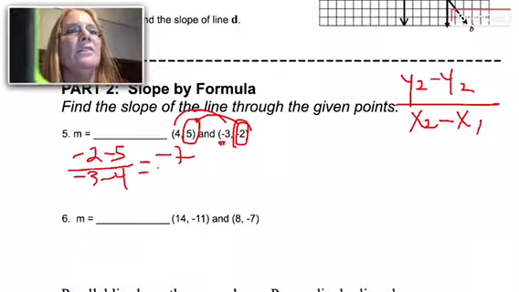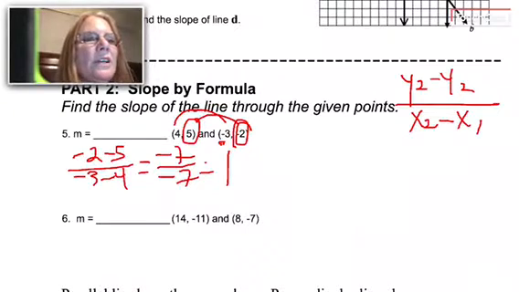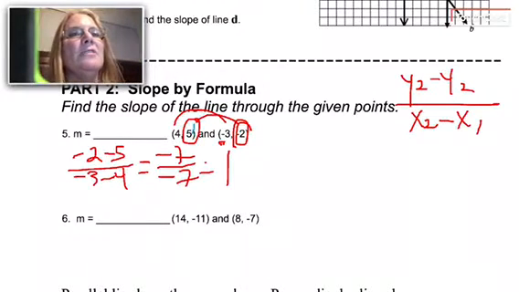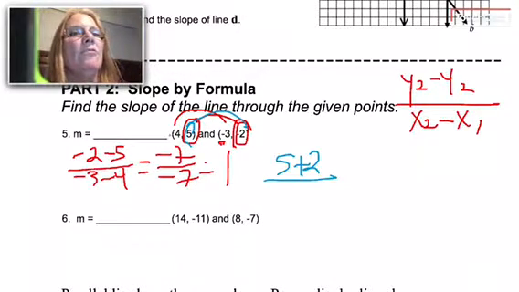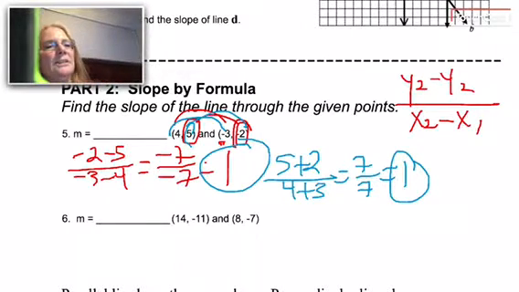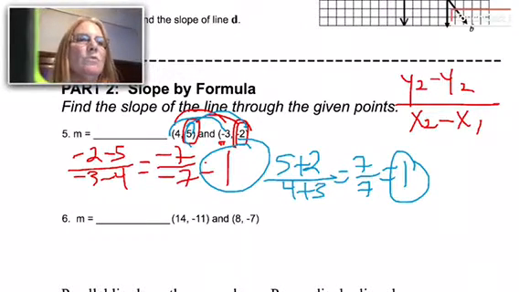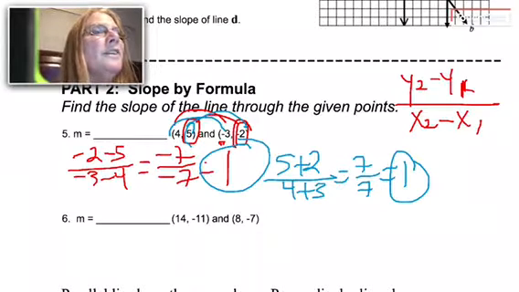I get negative 7 over negative 7, which is a positive 1. What if we'd gone the other direction? That's fine. We could have said 5 minus a negative 2. Minus a negative becomes positive. 4 minus a negative 3 is 4 plus 3, and we get 7 over 7, which is also 1. So in the formula, it doesn't matter which is y1 and which is y2. Let me fix something in that formula right there. I just noticed it should say y2 minus y1.